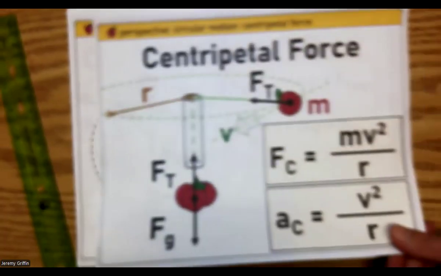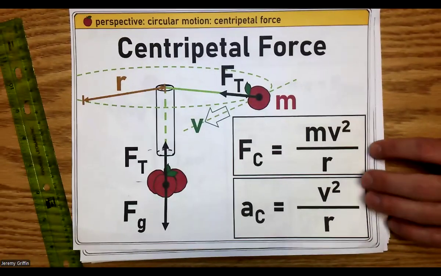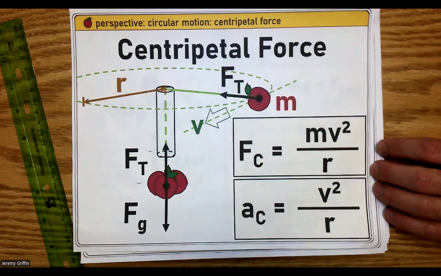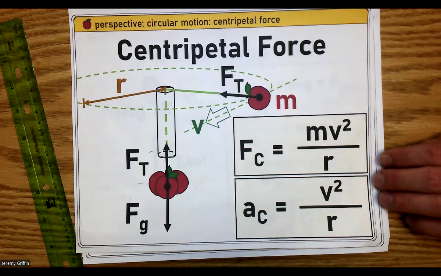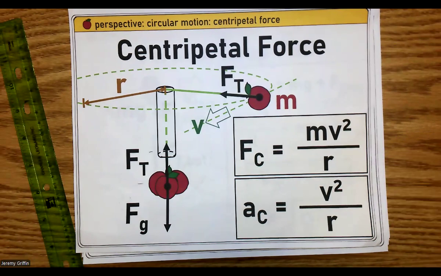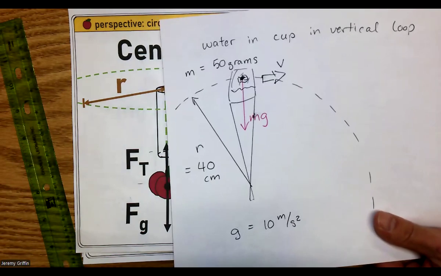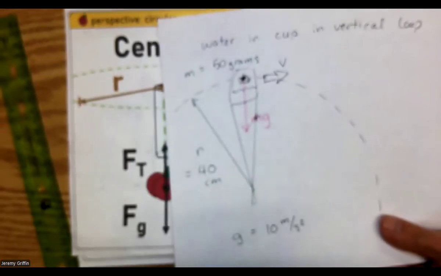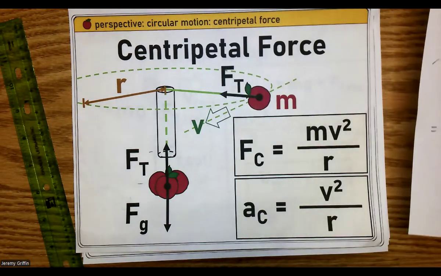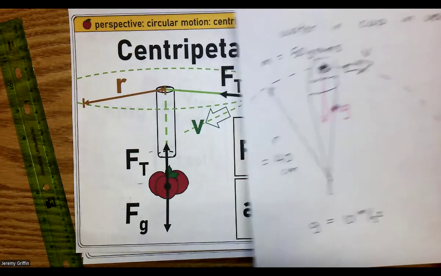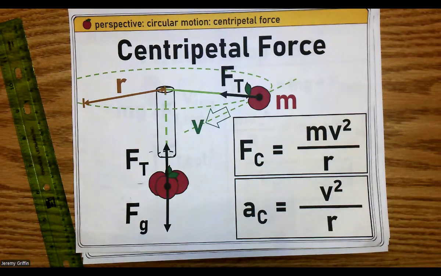Maybe you remember I said we have to solve your lab before we can answer that question, so it's probably something to do with this formula. Here's the formula for the force keeping something on a curved path. You got that written down?